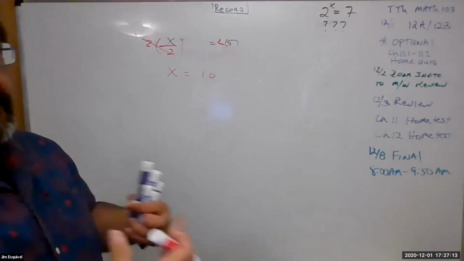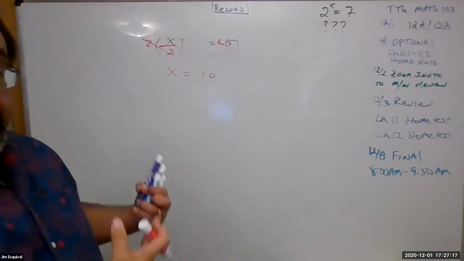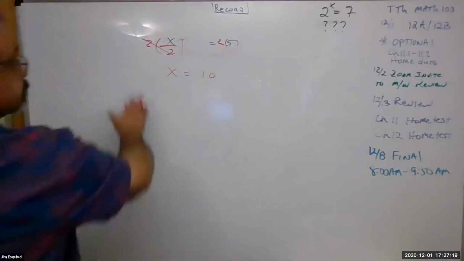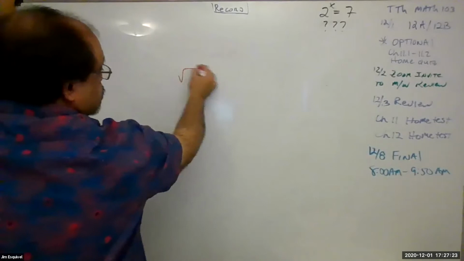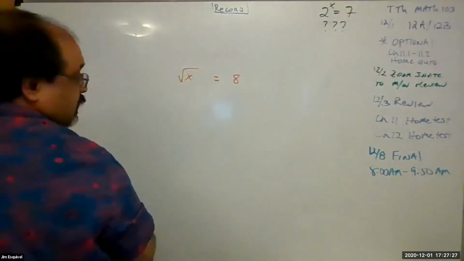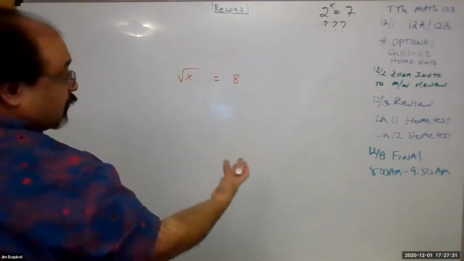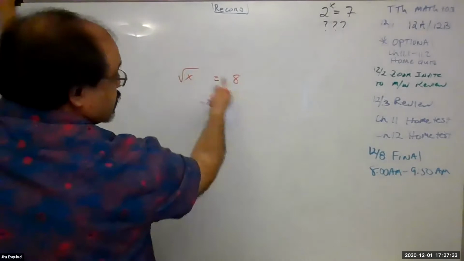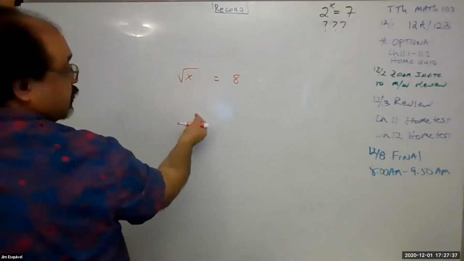And then we get a little more sophisticated. Just in the last chapter, you had square root x equaled 8. And some of you were supposed to show the work. How do you undo a square root? You isolate the radical, then you undo the radical.